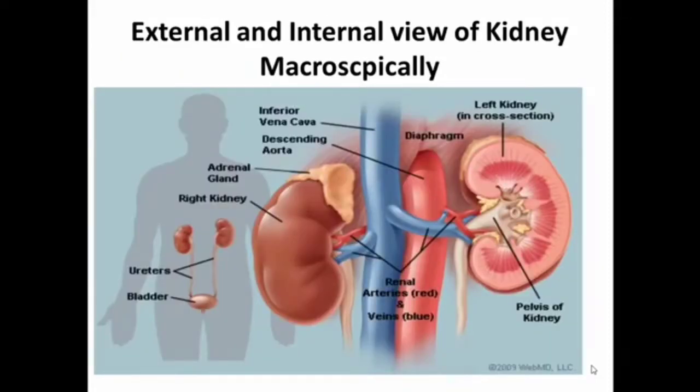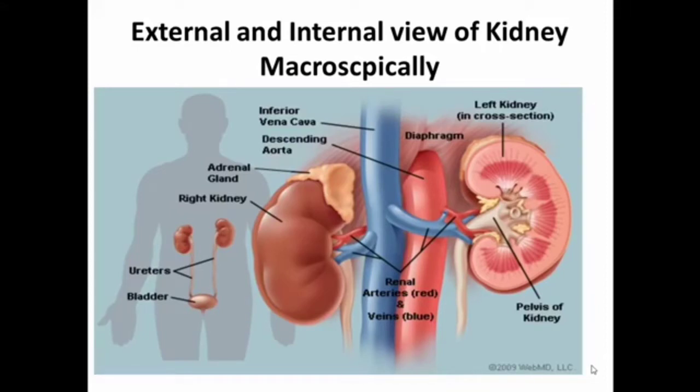Now this slide shows the location, some relations, external features, and the internal features that can be seen macroscopically. So the kidneys are two bean-shaped structures, and these are located retroperitoneally, that is behind the peritoneum, under the diaphragm.